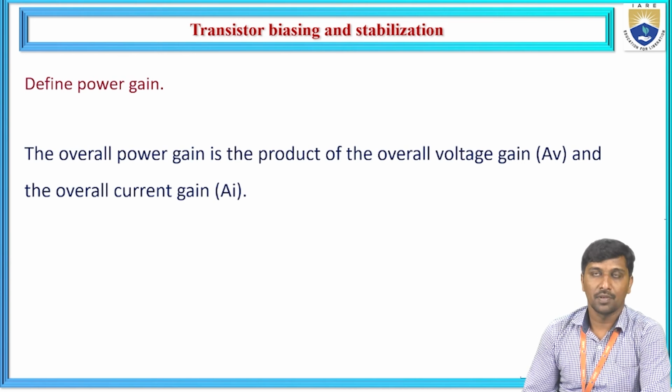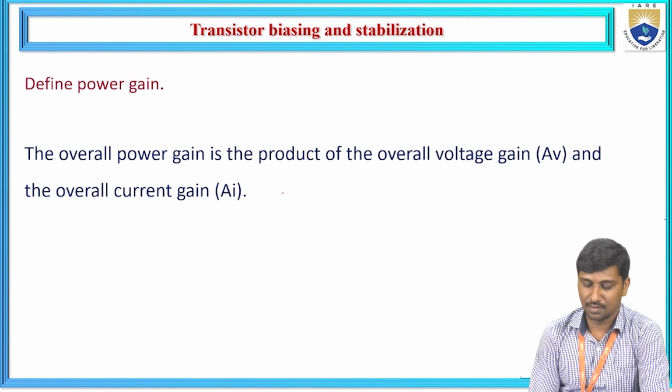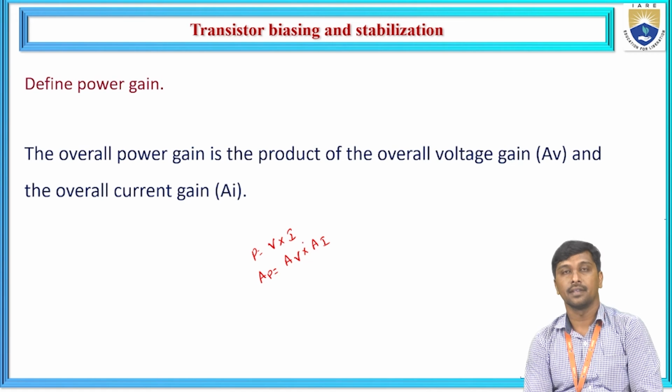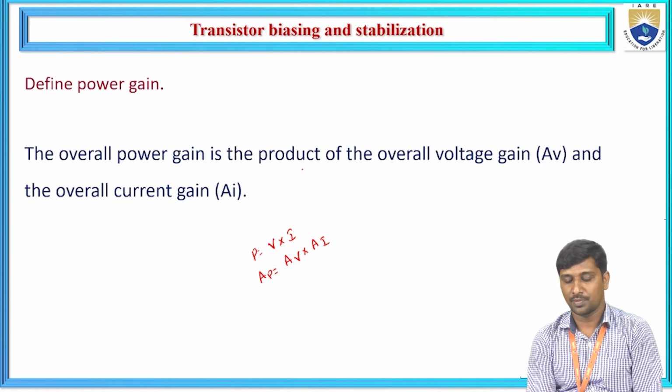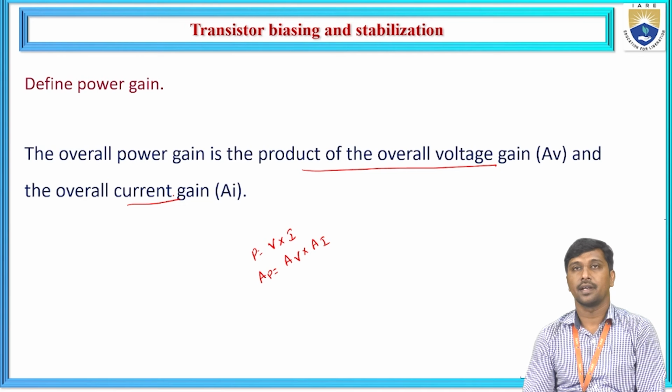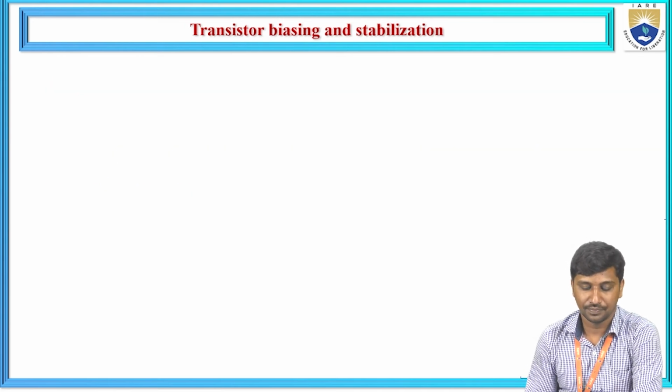Now define power gain. Power is represented as the product of voltage and current. Hence the power gain, represented as AP, is the product of voltage gain and current gain. So the overall power gain is the product of overall voltage gain AV and overall current gain AI.